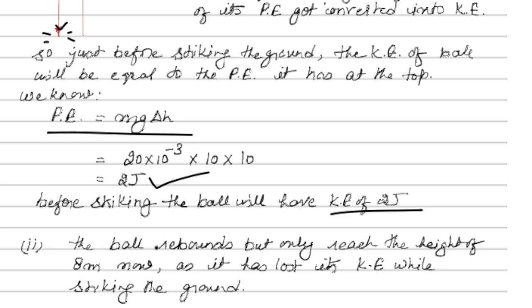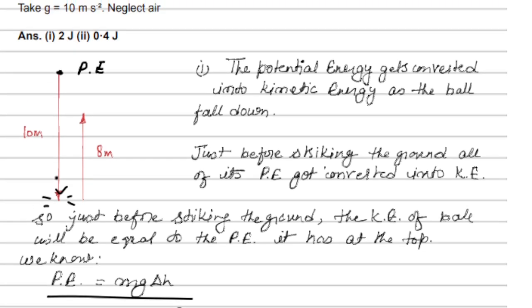Now it rebounds only to reach the height of 8 meter. Why did that happen? Because some energy is lost. So the total kinetic energy will be converted into the potential energy in the second case at the height of 8 meter, P2. This is, let's say, P1. So why is it rising less? Because we are giving less kinetic energy to it.